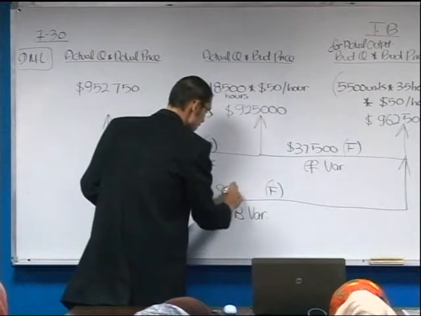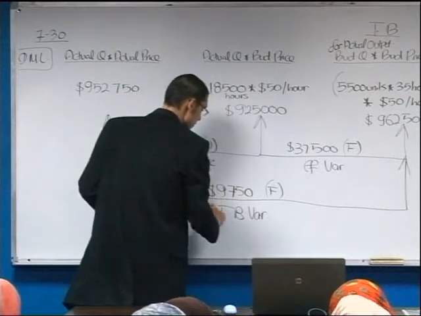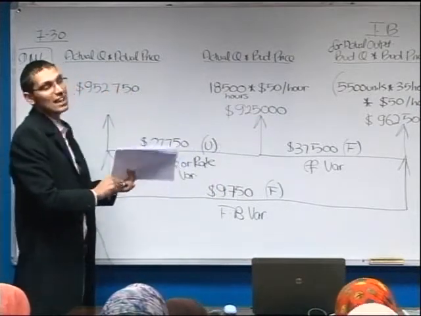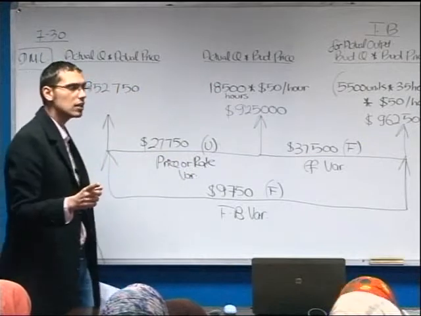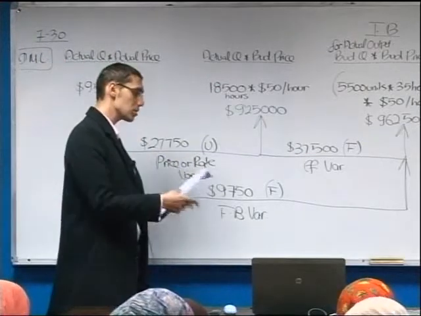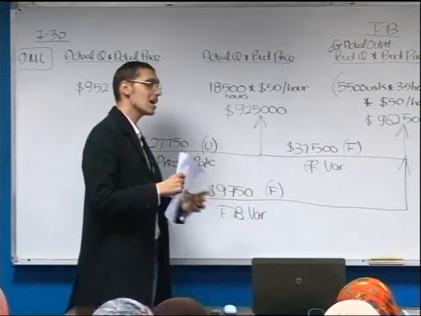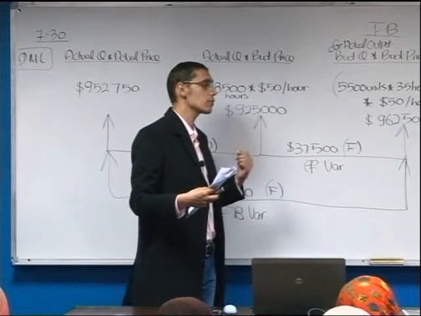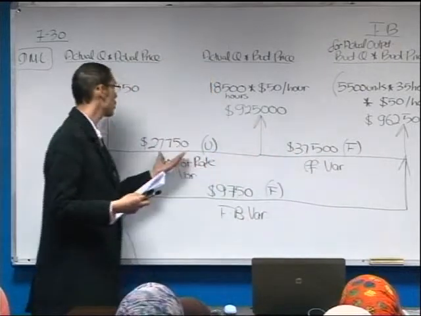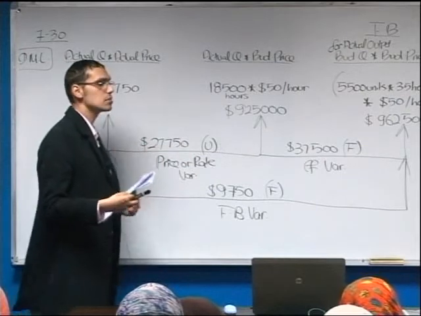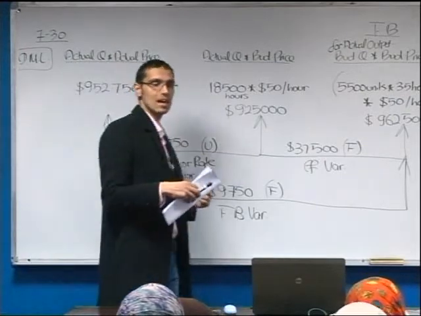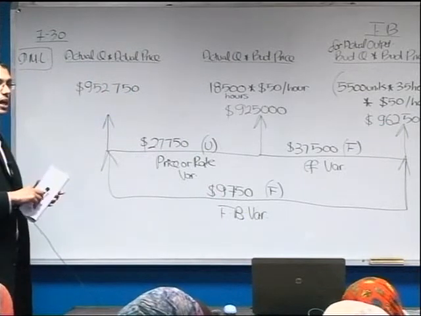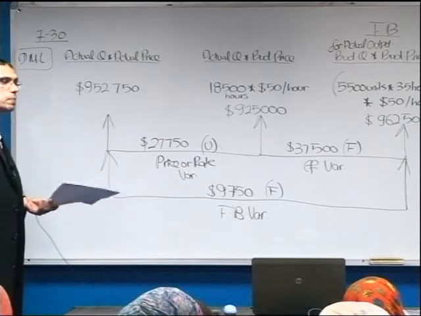Therefore, $9,750 is the flexible budget variance, according to our level 2 analysis. This is the same number that we calculated from requirement number 1. Now, the 9,750 is divided into an efficiency variance of 37,500 and 27,750 as a price or rate variance. Any questions? All clear?